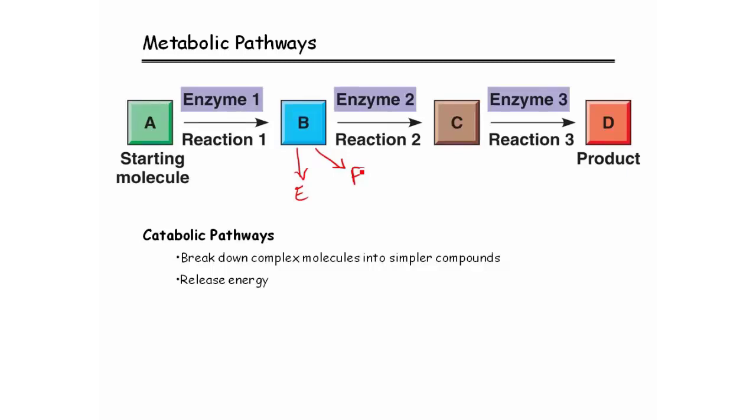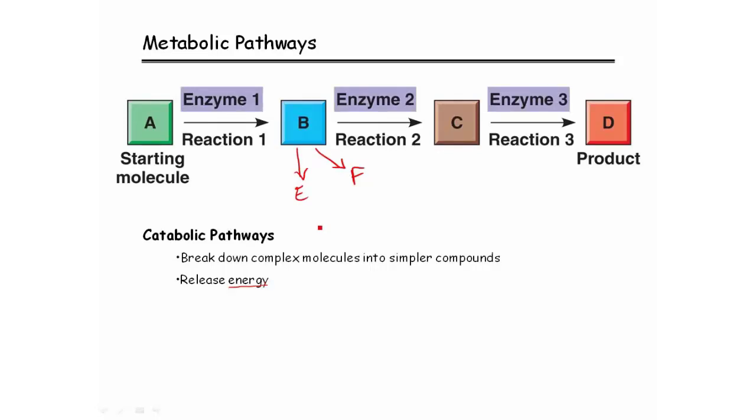An example of this would be taking something like a starch molecule and breaking it down into the component monosaccharides that make it up. We could also take those monosaccharides and break those down further as well. The reason that catabolic pathways are run is because they release energy, and that energy can be used for other things.